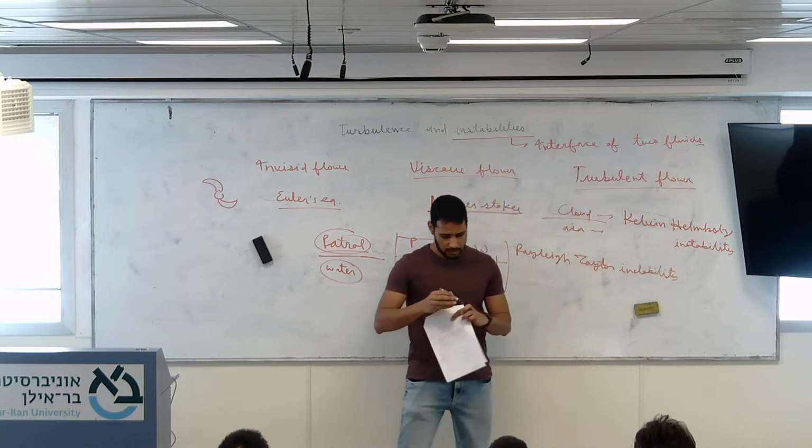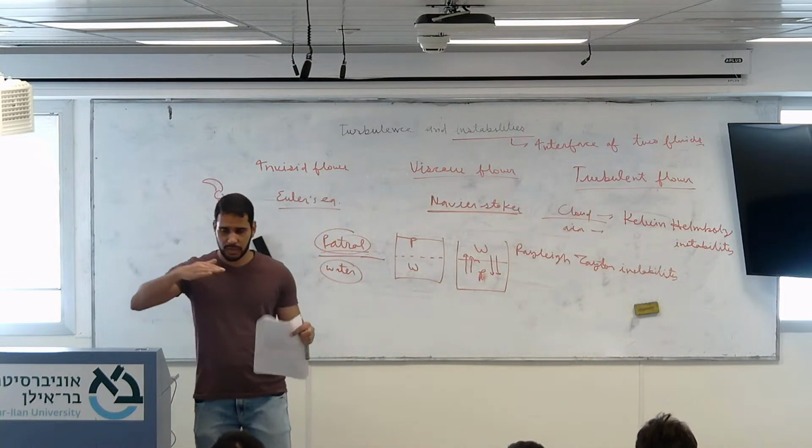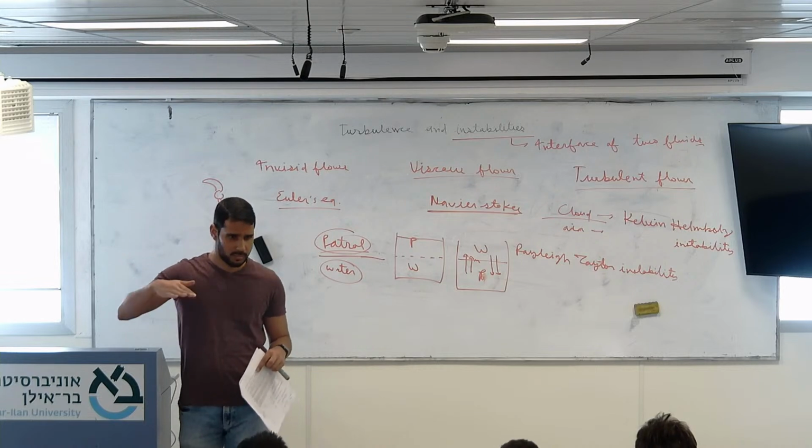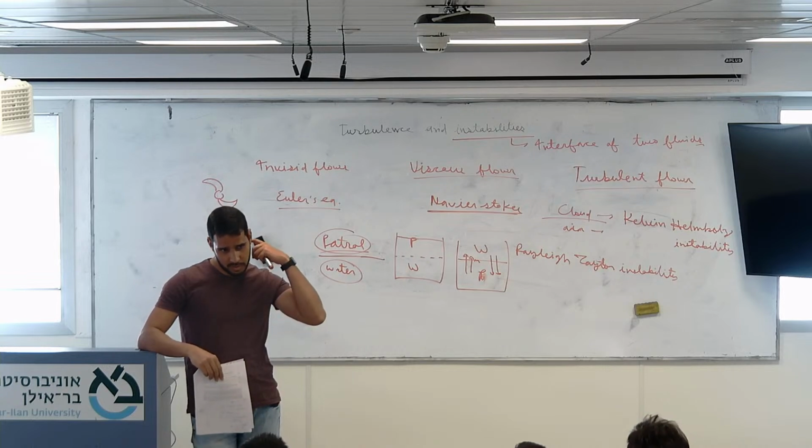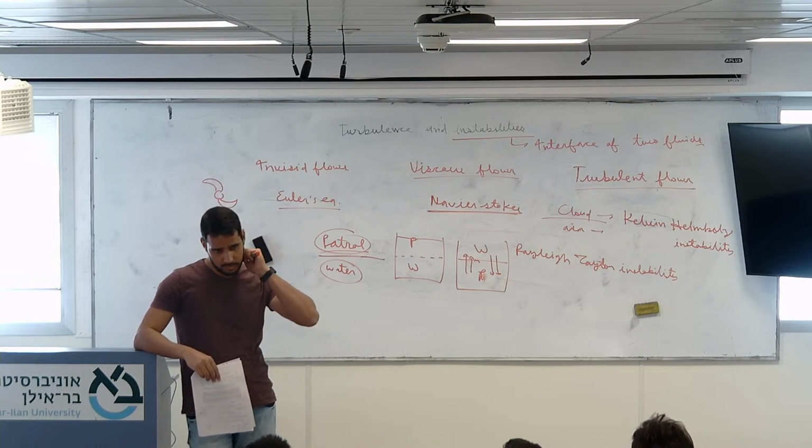Not always. If one fluid moves on another fluid very smoothly, it's not unstable. There's a limit after which both become unstable and you see these types of instabilities.